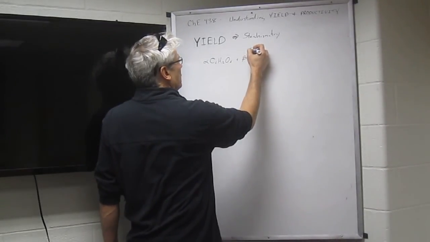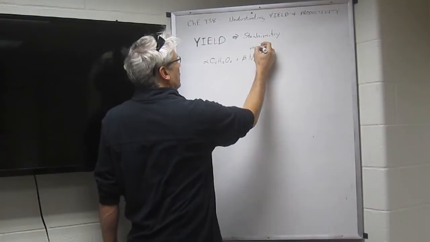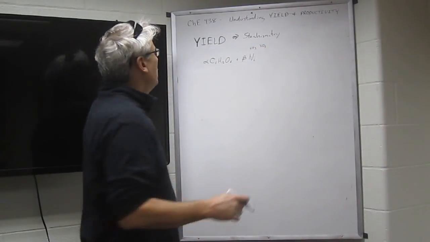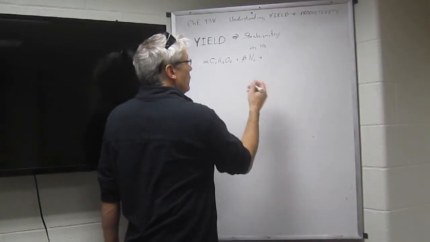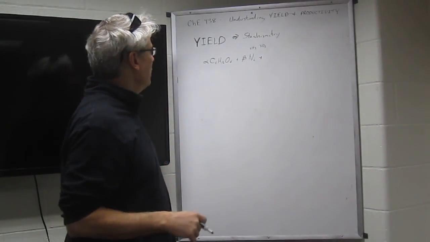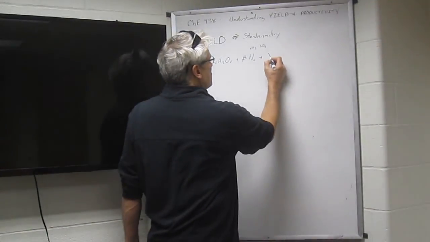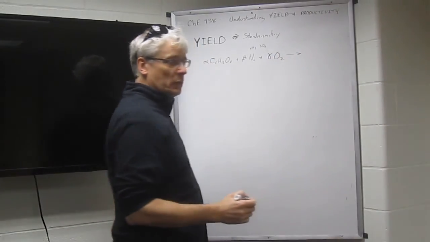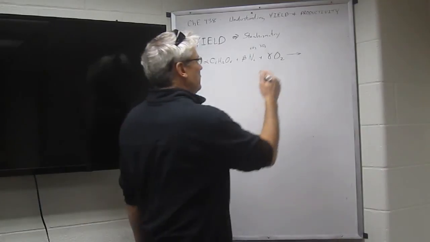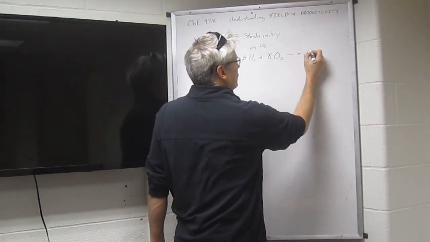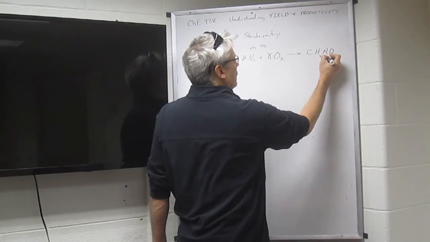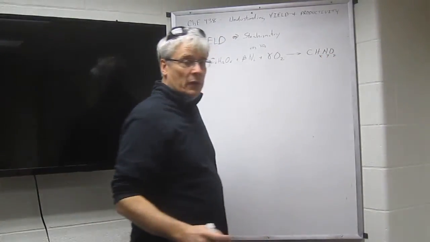That could be ammonia, that could be nitrate, whatever it is. And then if it's aerobic, you're going to have an oxygen consumption term. This is going to ultimately go to biomass. Biomass has a composition analysis of C, H, O, X, Y, Z, which can vary.